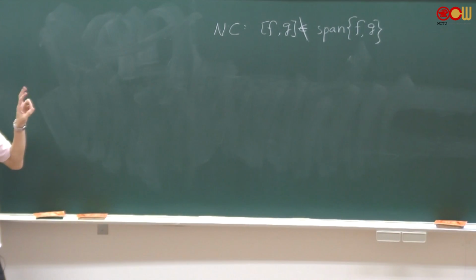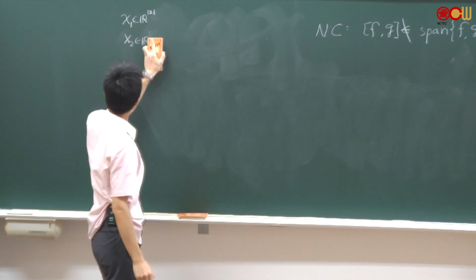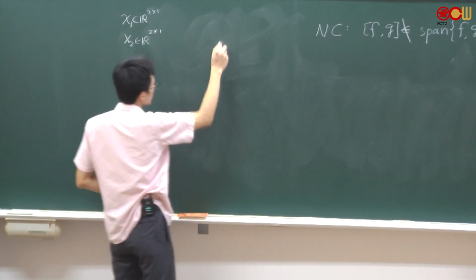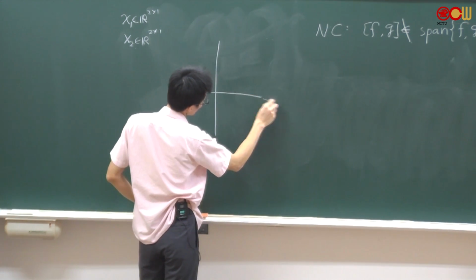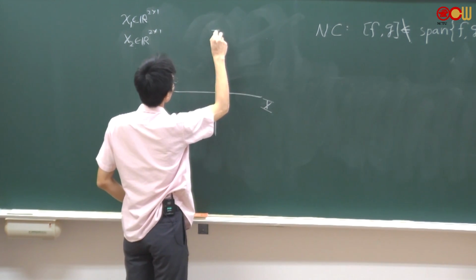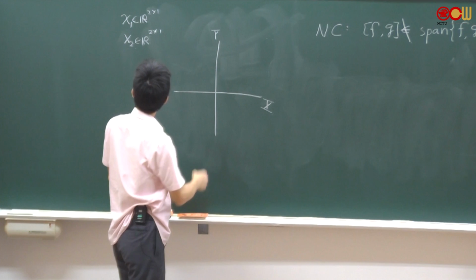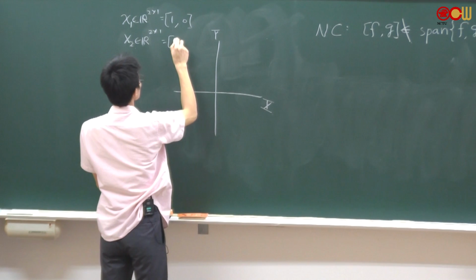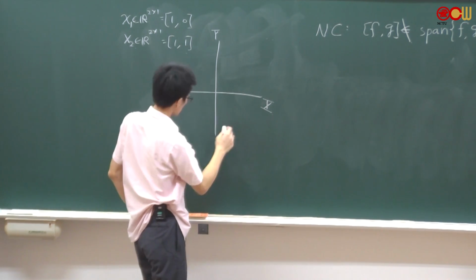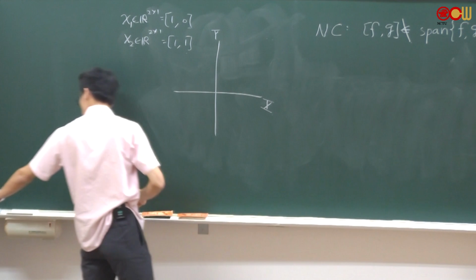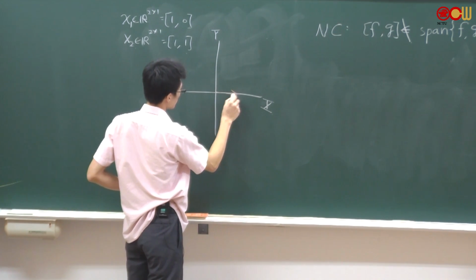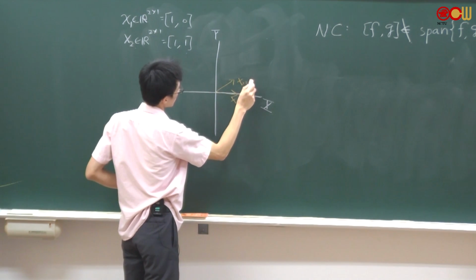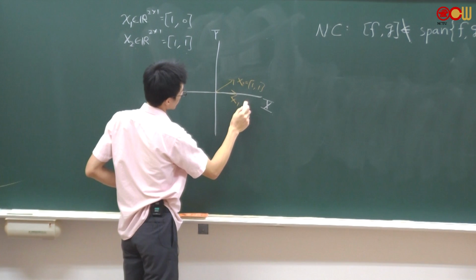You can consider span as a linear combination. Let's start from a simpler case, 2 by 1. So in a 2D plane, say x1 is 1, 0. x2 is 1, 1. Right?